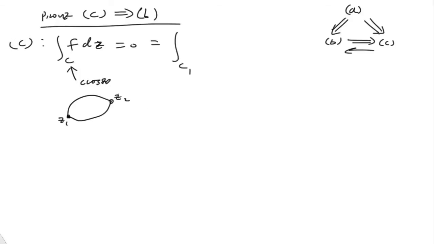And so if I want to take an integral from z1 to z2, which is the domain germane to the implication about antiderivatives, I can always write this as follows.